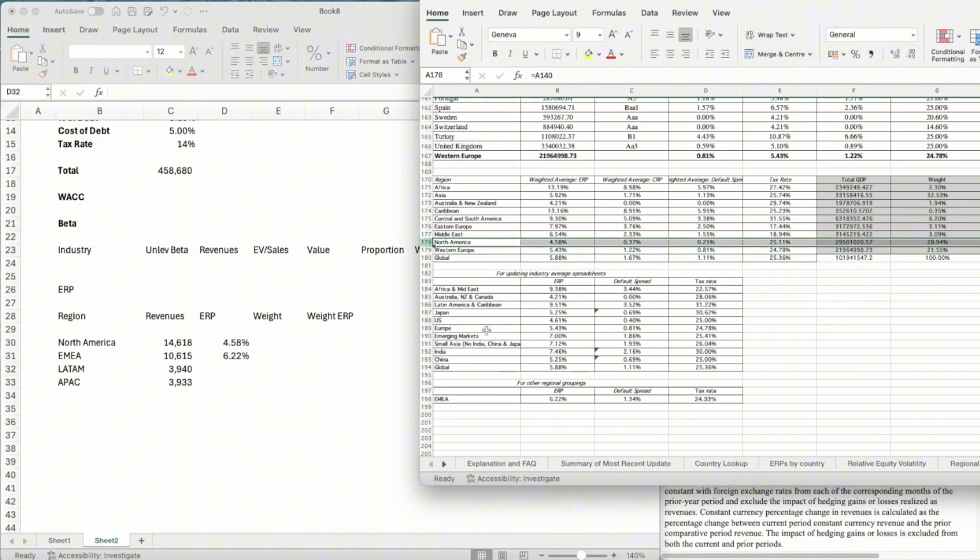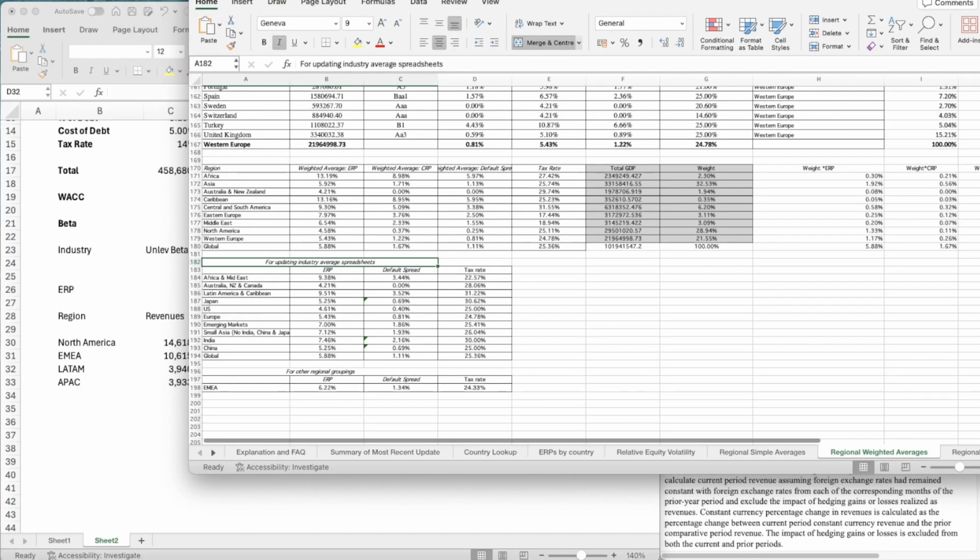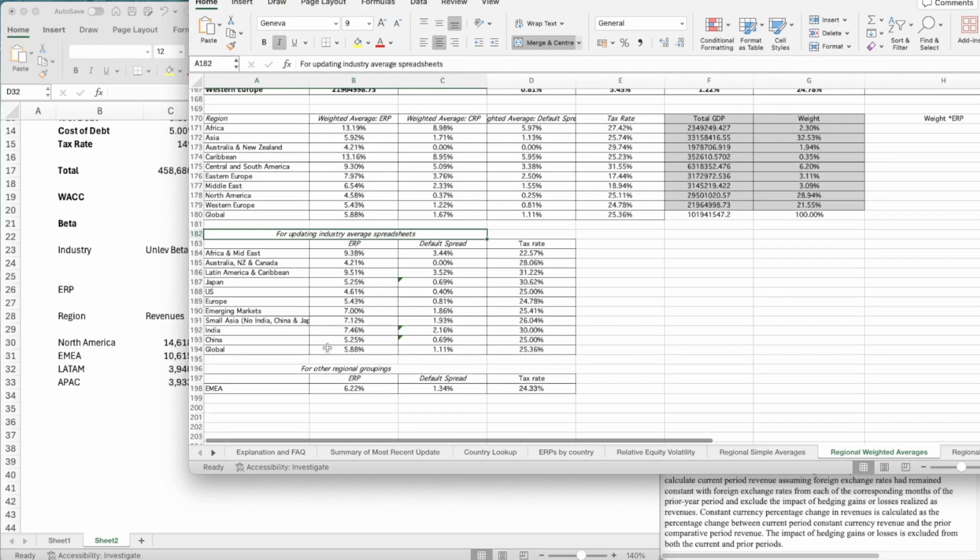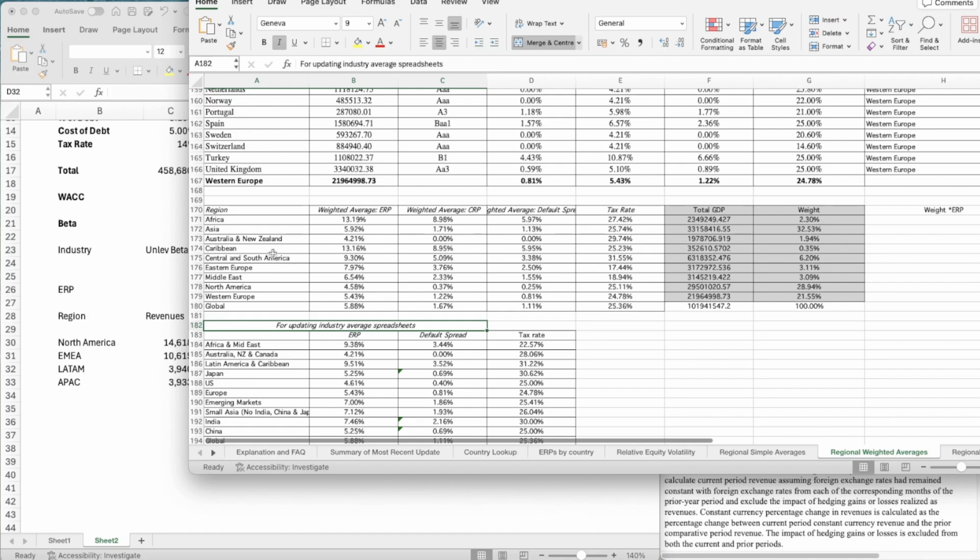LATAM, Central and South America, 9.30. I'll zoom in a bit so you can see. Okay, so we're going to go with Central and South America, 9.3% for LATAM.